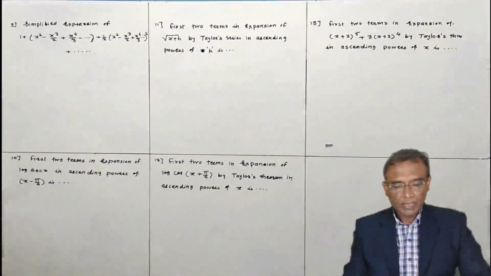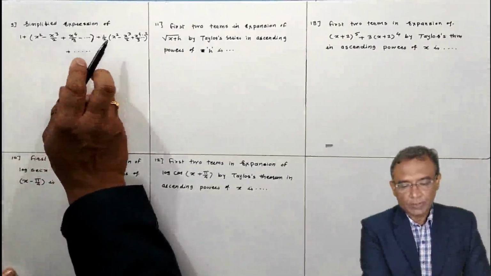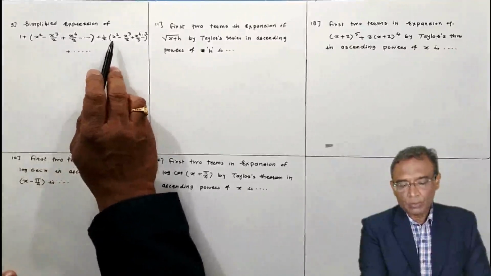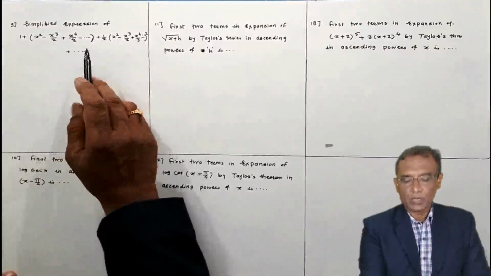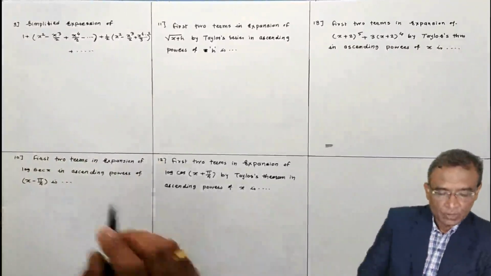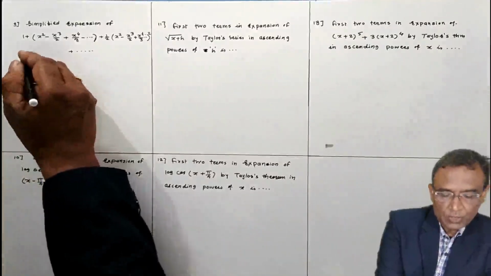The next problem is the simplified expression of this. This is 1 plus infinite series plus 1 by 2 raised to power 2 plus and so on. The simplified expression of this, how do you write it? See, I am writing directly.